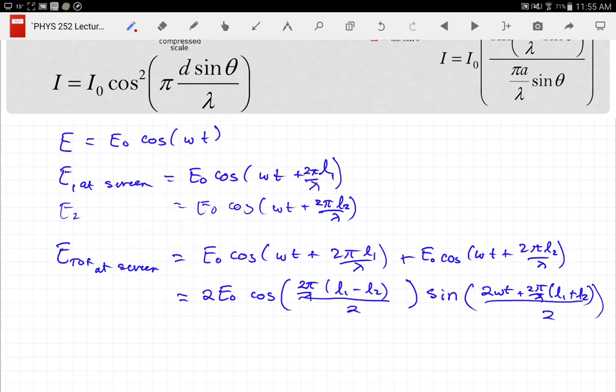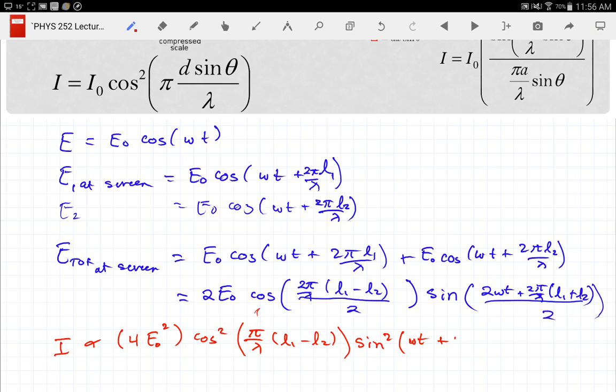So since intensity is proportional to electric field squared, the intensity is proportional to 4E0 squared cosine squared of, notice 2 pi divided by 2 is pi, so I can get rid of that over 2 and just make it pi. So that's my intensity as a function of time.